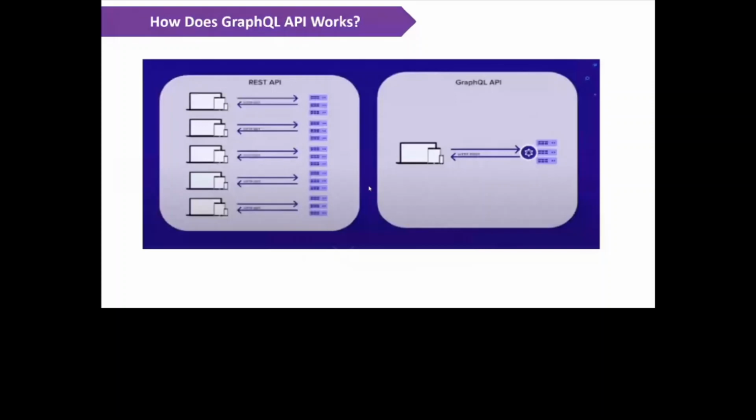This issue mainly affects mobile users who have limited bandwidth and connectivity. By using GraphQL APIs, we can access all the data the app needs in a single request. So you can build applications with incredible performance and no data waste. GraphQL APIs perform much better than traditional REST API calls.